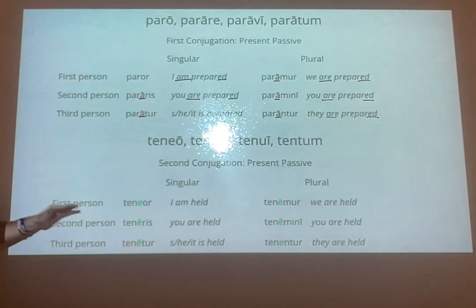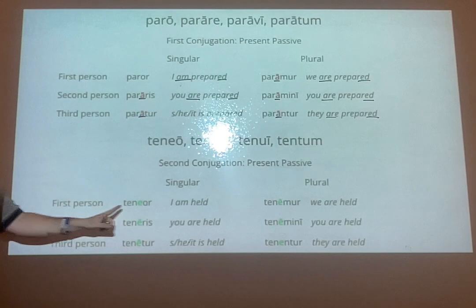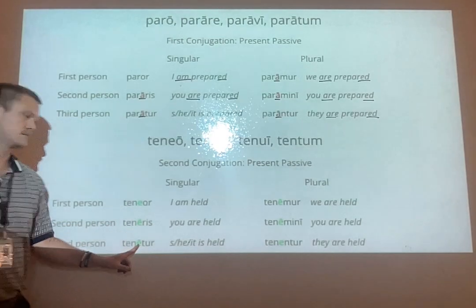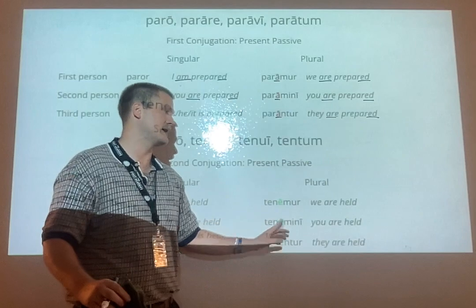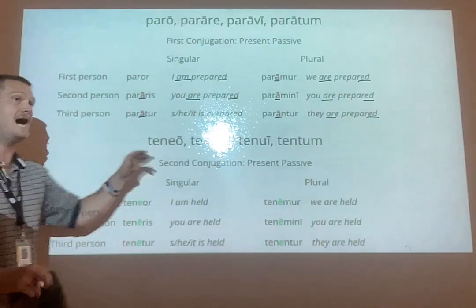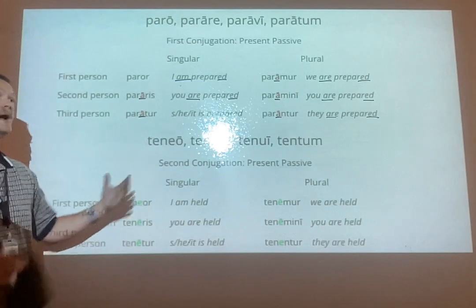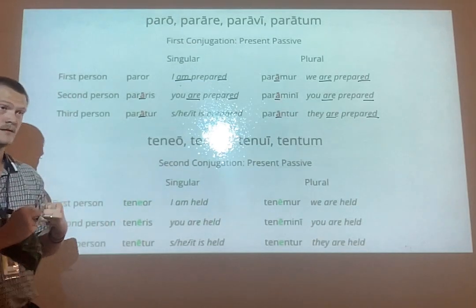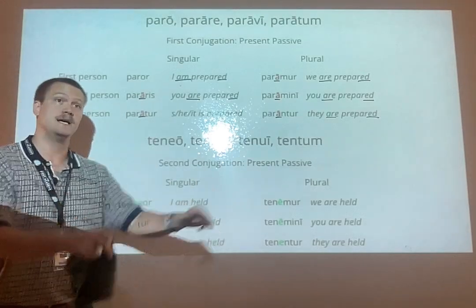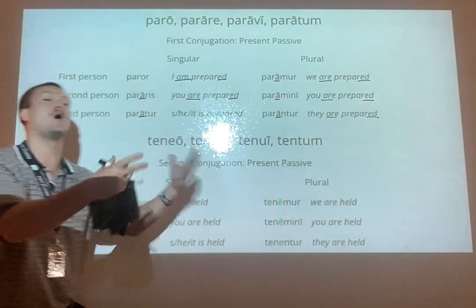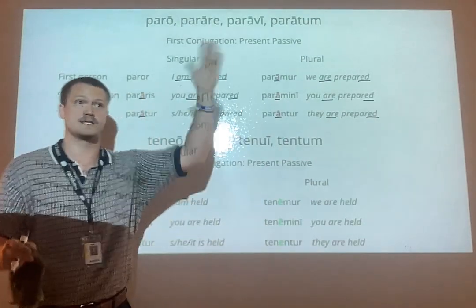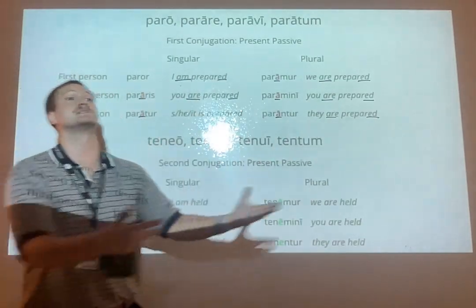It's the same exact thing. The only thing that's changed is that there's an e. Everything else is still the same. The way you translate is still the same. Instead of teneo, I hold, now it's teneor, I am held. Teneris, instead of tenes, which is you hold, now it's teneris, you are held. Now instead of the subject noun doing the verb with the active endings, it's receiving the action.